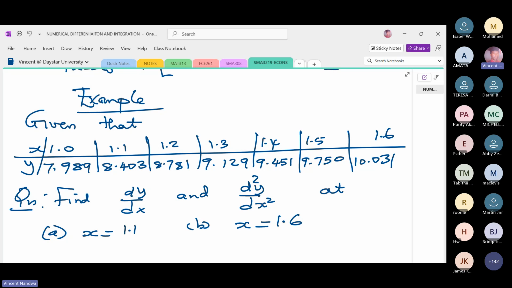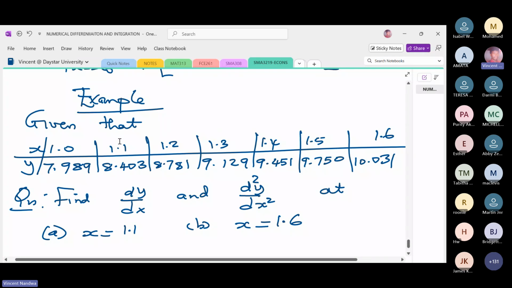But when you have such a problem, the first thing is to draw a difference table. And then the difference table will guide you on which formula you are going to apply. The reason we say the first thing is to draw a difference table is because we can clearly see that these values of x are equally spaced.